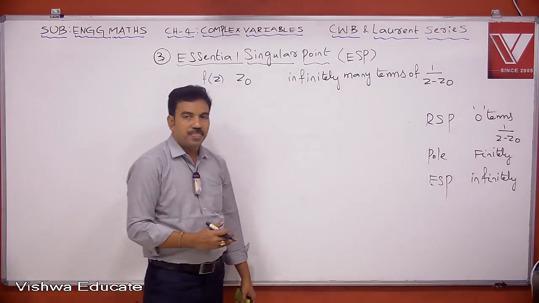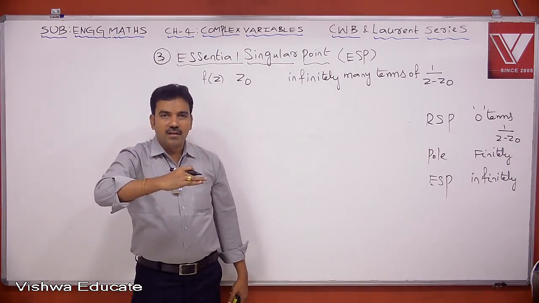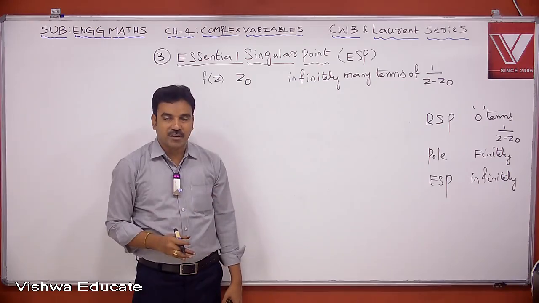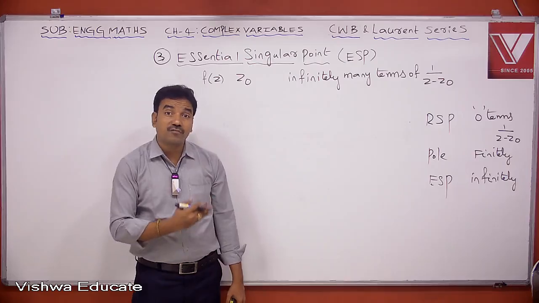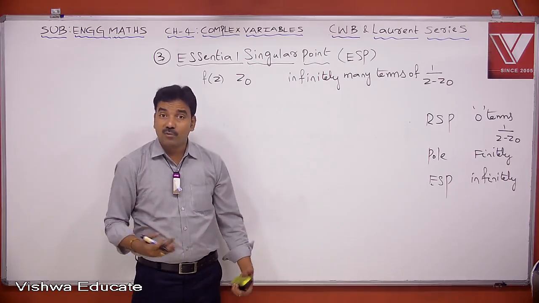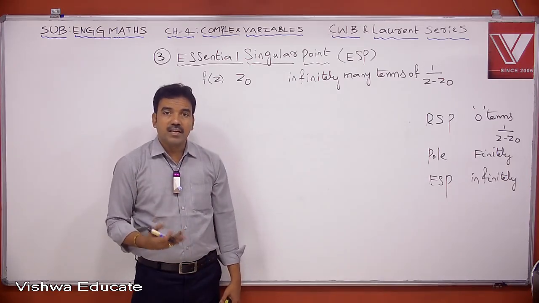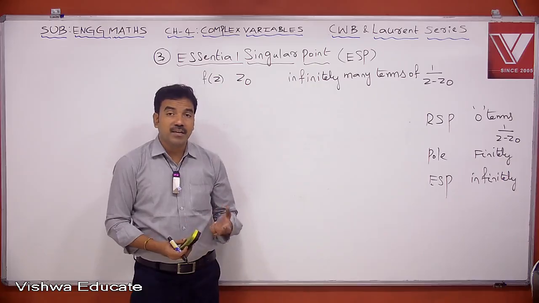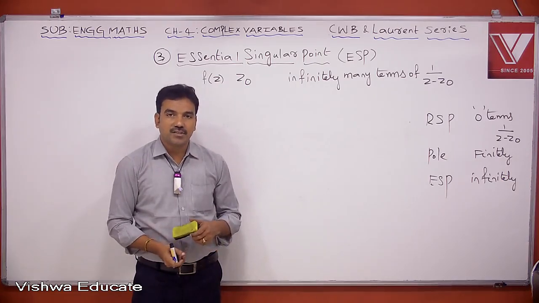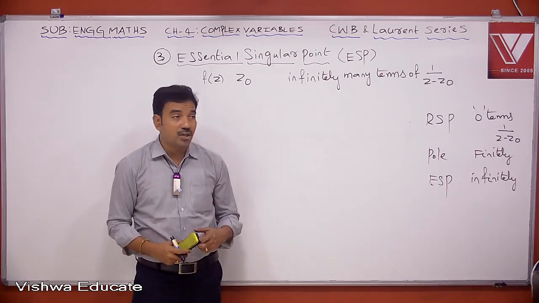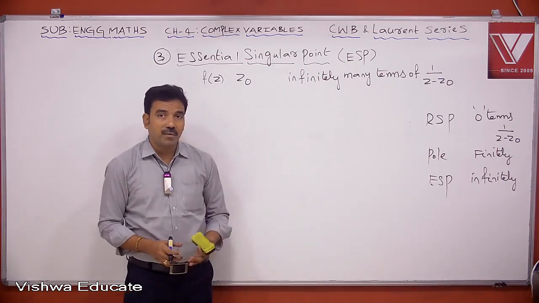See the difference. The sequence is very simple. Always I need to go for series expansion. If I don't have any terms of the form 1 by (z minus z0) after series expansion, it is called removable singular point. In case of pole, it has finitely many terms even after series expansion. In case of essential singular point, it has infinitely many terms of the form 1 by (z minus z0).